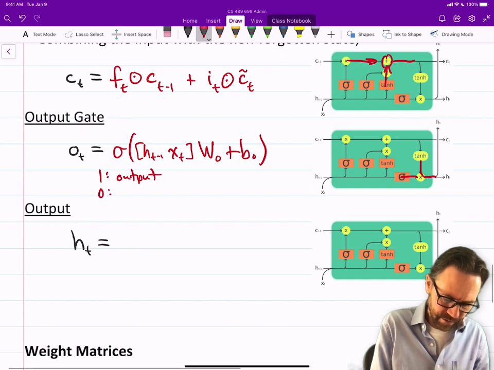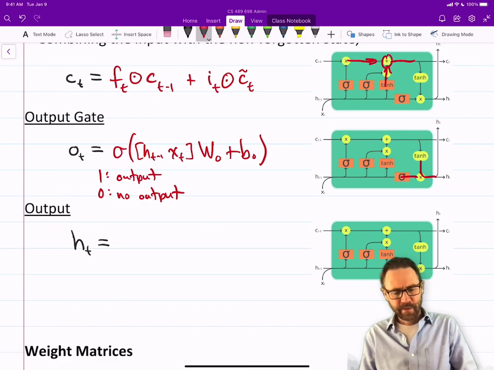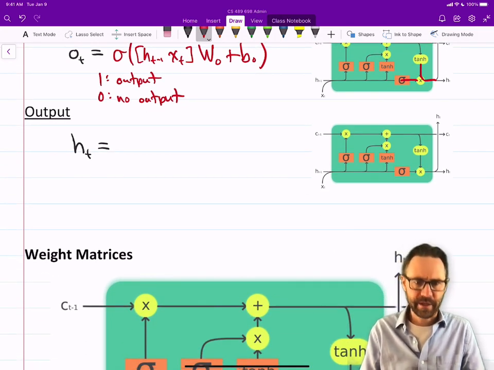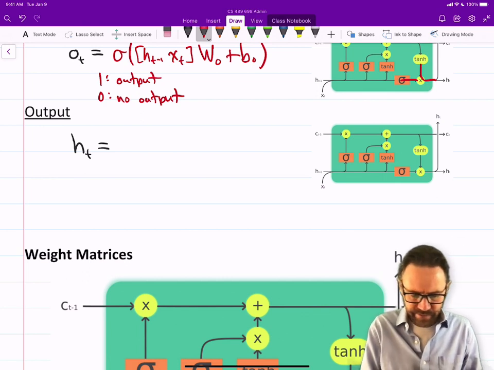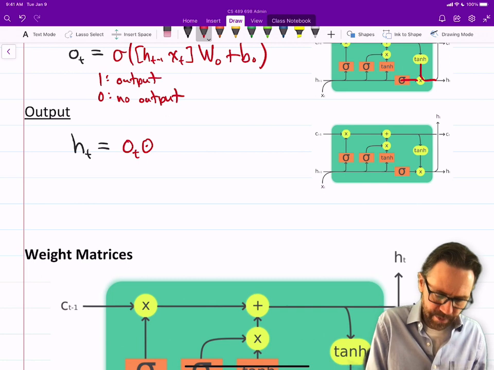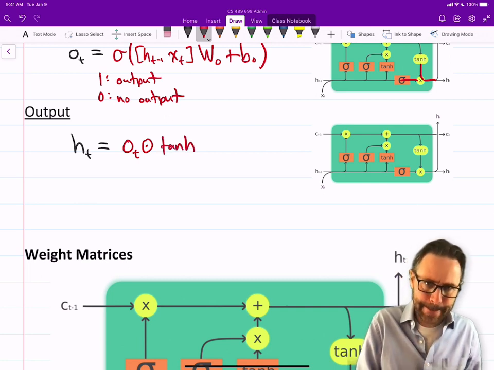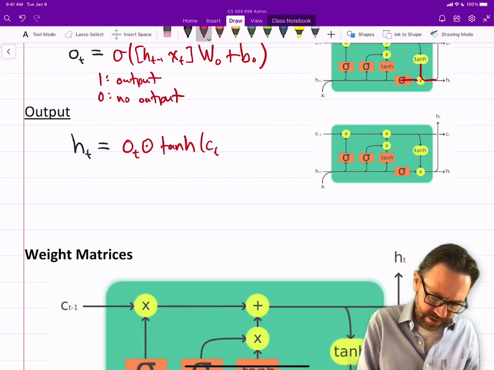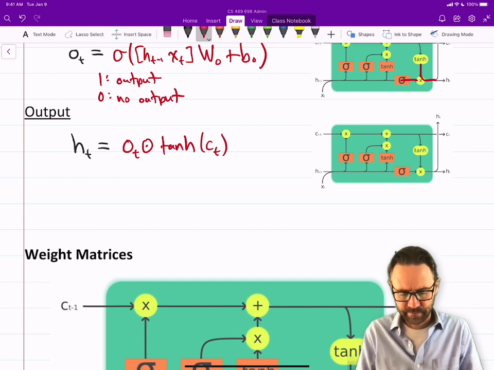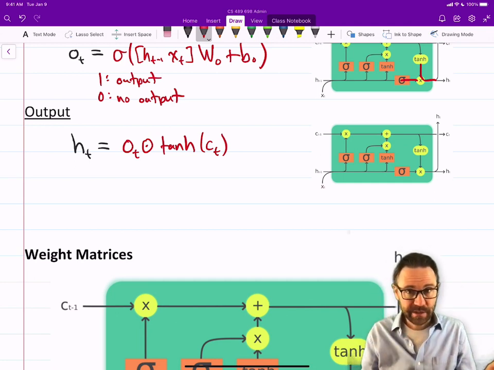If it equals 0, no output. And what is the actual output? Well, the actual output h_t is the value of the output gate, Hadamard times hyperbolic tan of c_t, the current internal state. Of course, you could if you wanted to have another set of connection weights and biases, whatever.